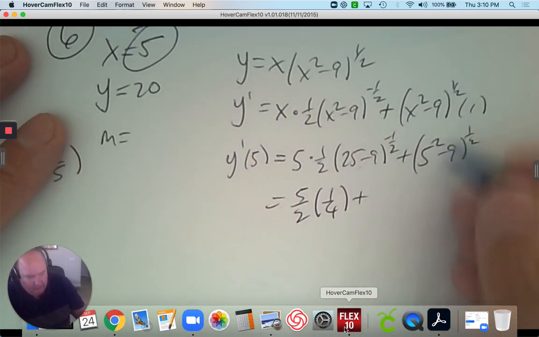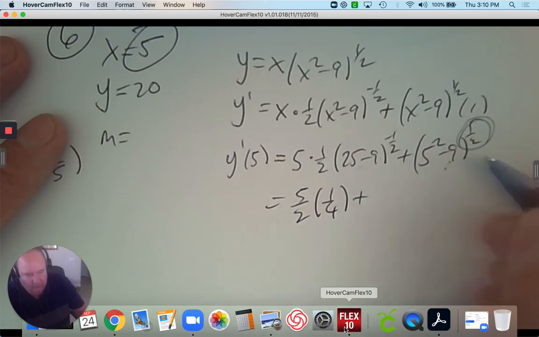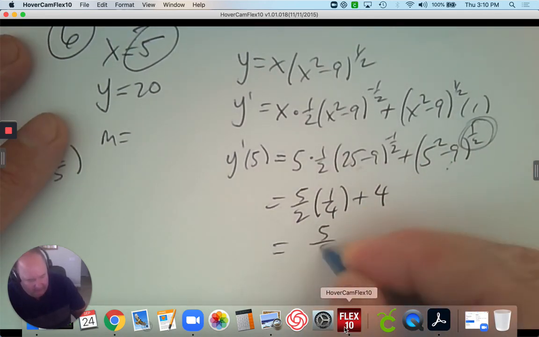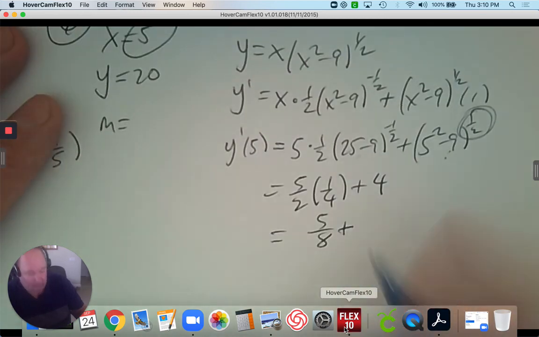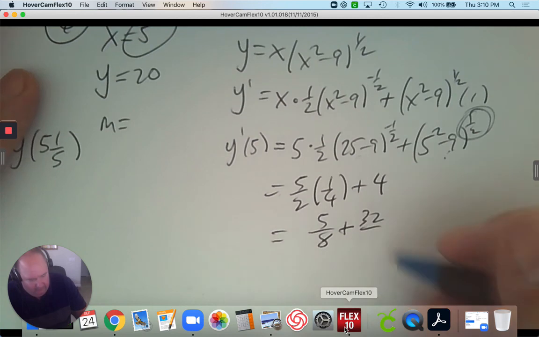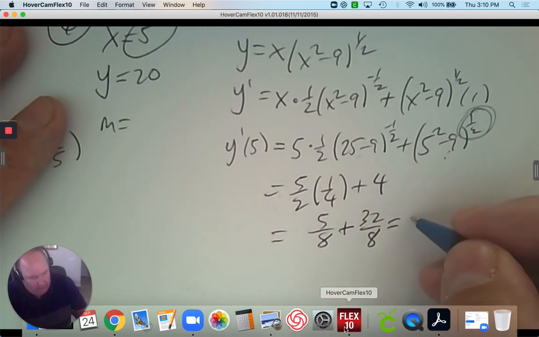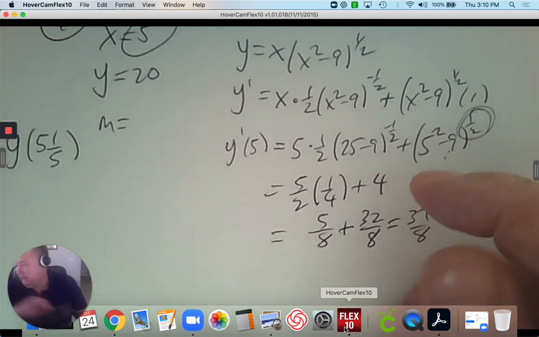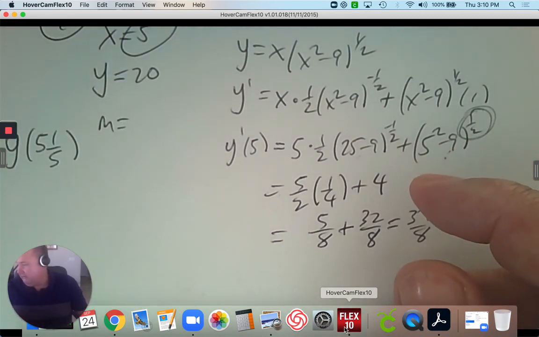Again here, 25 take away 9 is 16, and the square root of 16 is 4. So I'm going to put this together. I need common denominators for the next part, so I'm going to multiply by 8, so that I have 37 over 8. So there's the slope, 37 over 8.